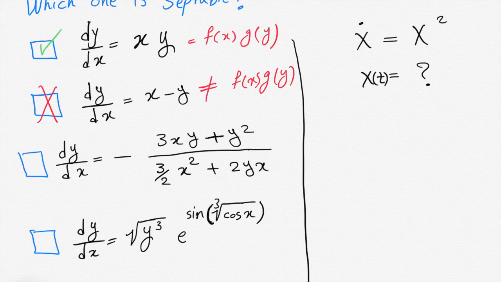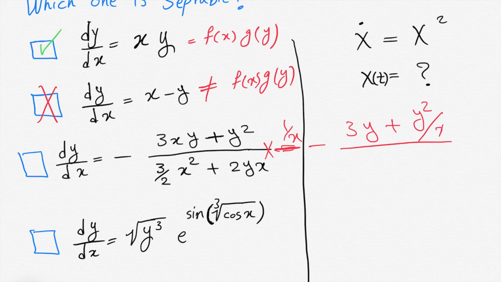And how about the third one? Is it a separable differential equation or not? You will just try, right? You can try, for instance, to make the upper side, you can multiply both of these by something like 1 over x, to omit this part.